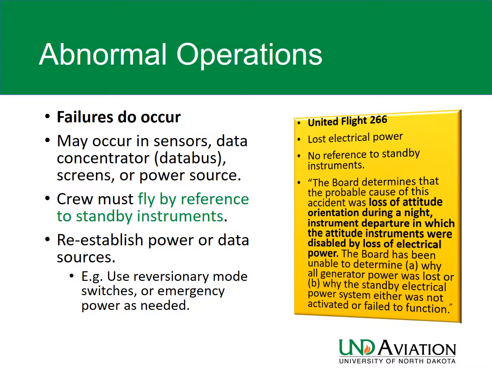Unfortunately, I show an example on the right side of the screen, United 266. This was an aircraft, I believe a 727, departing LAX and going ultimately to Milwaukee with an intermediate stop at Denver Stapleton, I believe. The aircraft had multiple generator failures. I'm oversimplifying a bit, but ultimately they lost all sight in the flight deck, and they lost the ability to determine up from down.